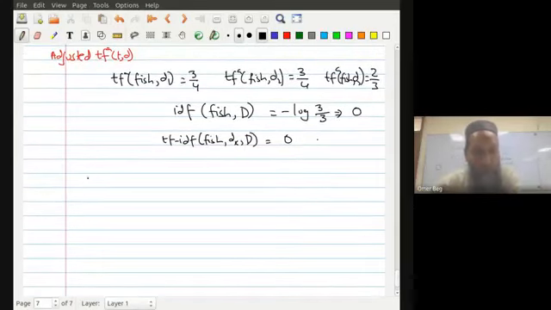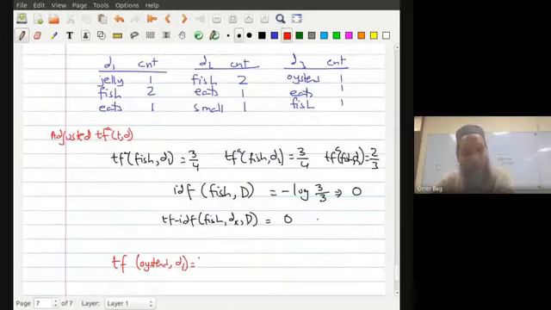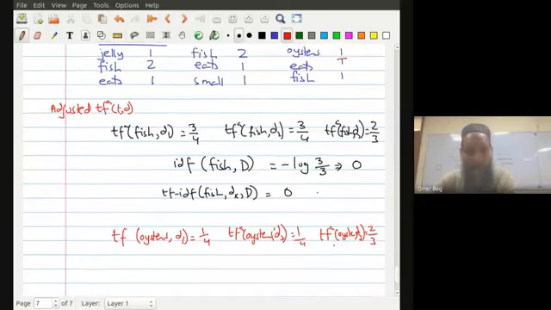How about the word oysters? TF for oysters in document 1: oysters does not appear in document 1, so it's 1 by 4 adjusted. In document 2 it does not appear either, so that's 1 by 4. For document 3, oysters does occur, so that's 2 by 3.